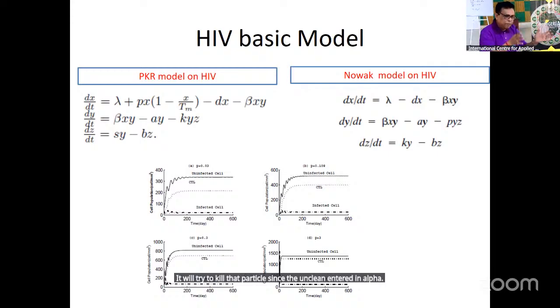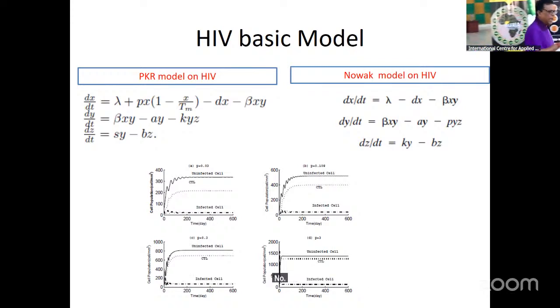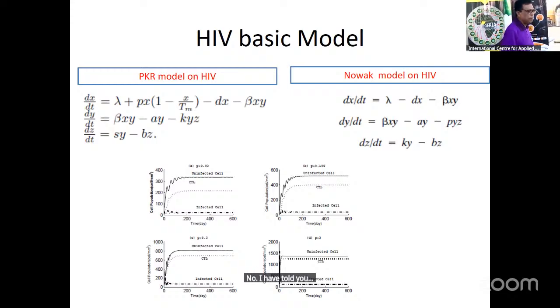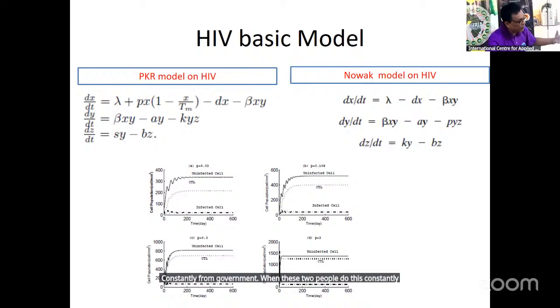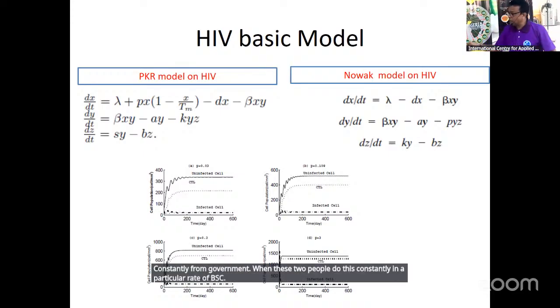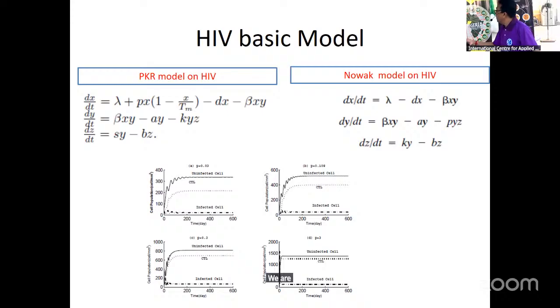With this population, we will try to make a mathematical model. CD4 plus T cells are produced constantly from bone marrow at a particular rate, so we consider lambda.